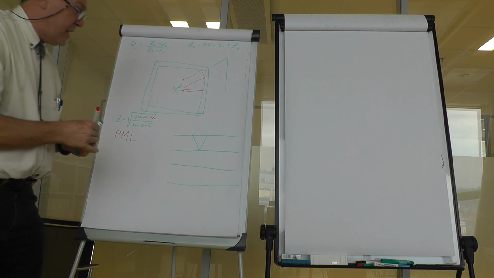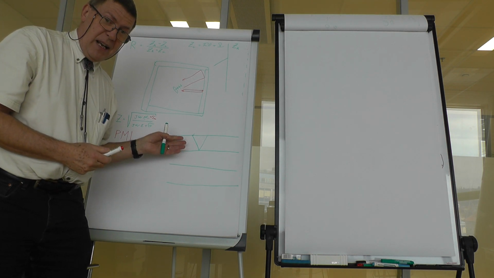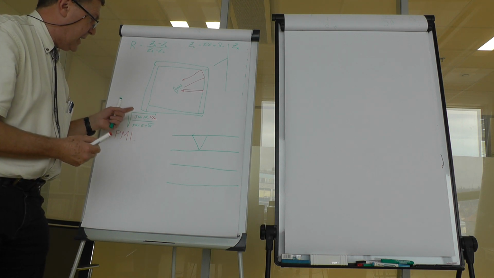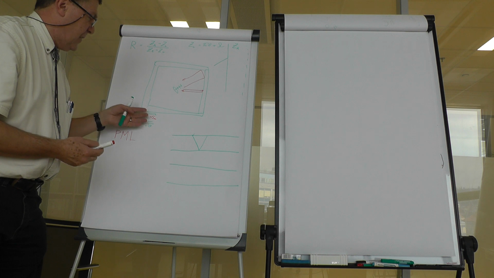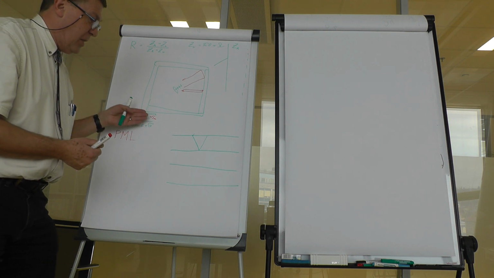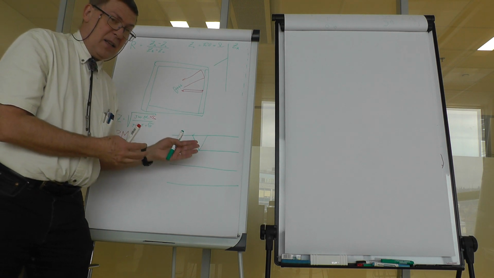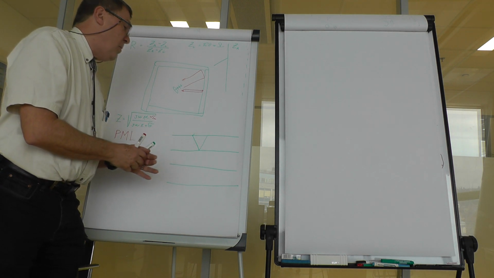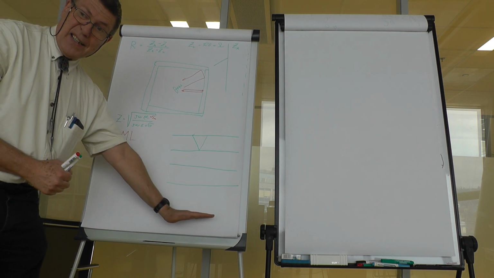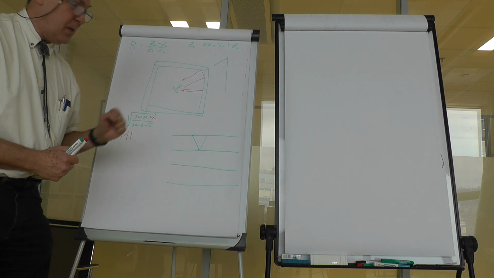You have a layer of lossy dielectric, you modify both electric and magnetic conductivities so that the reflection is very low and there are some losses, and you possibly use several matched layers stacked one on top of the other.